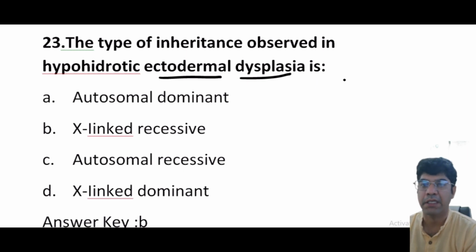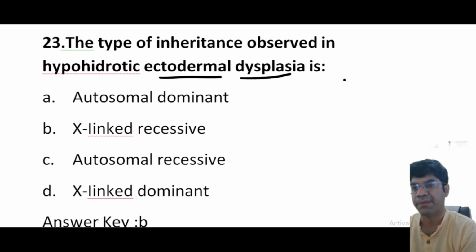The most common form of hereditary ectodermal dysplasia is the X-linked recessive type.